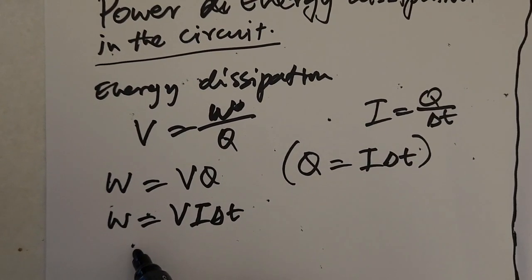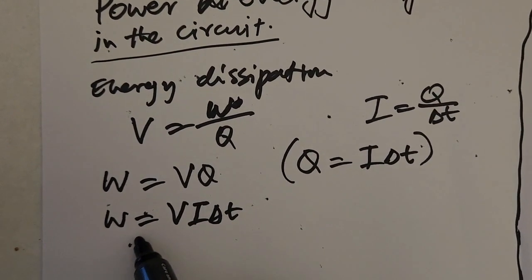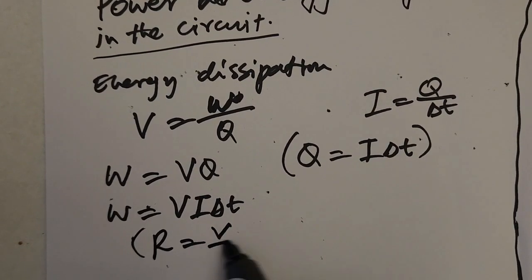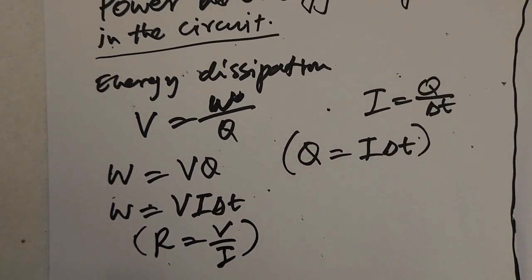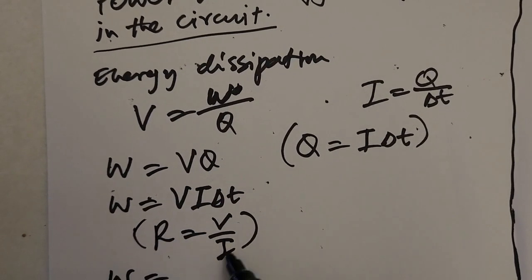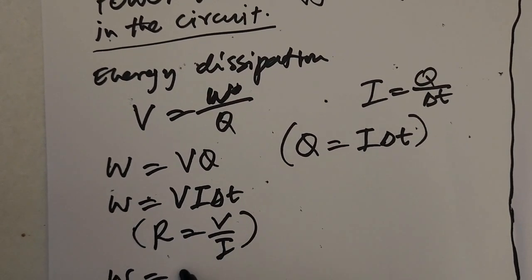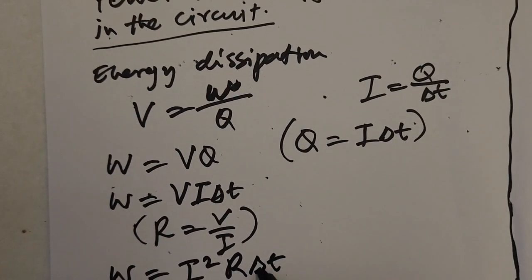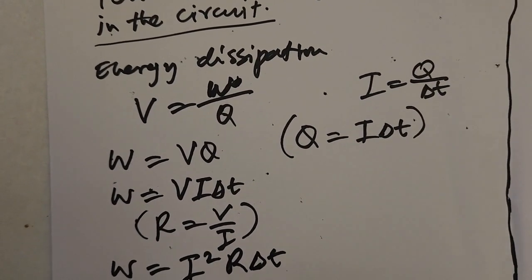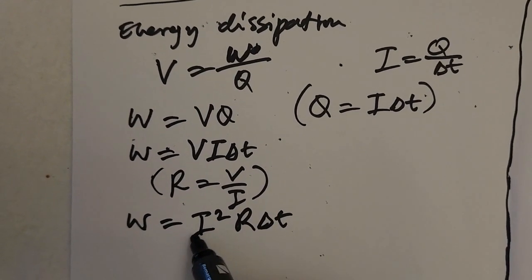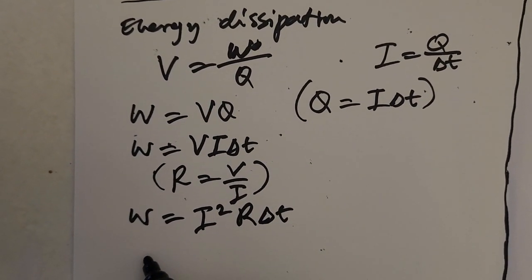Now if we introduce Ohm's law, we know that R equals V over I. If we make V in terms of I and R, it will be IR, which gives us the formula I squared R delta T. Where resistance is known and the current flowing in the resistor is known, we can calculate the energy dissipation using this formula.